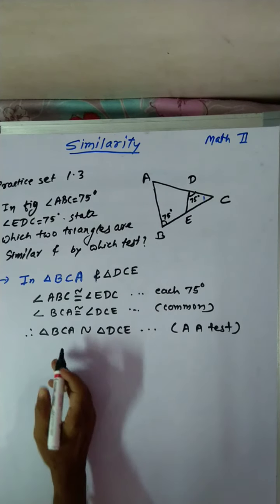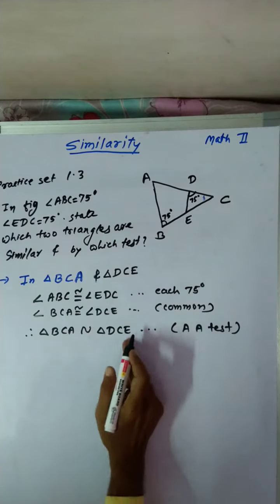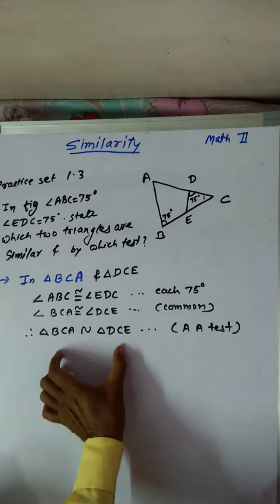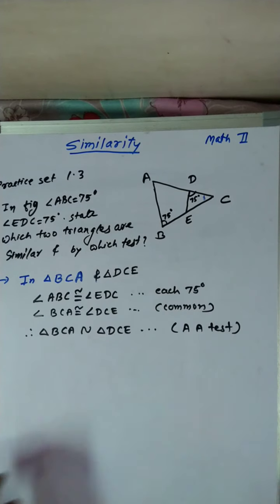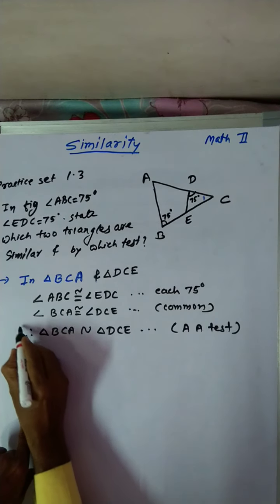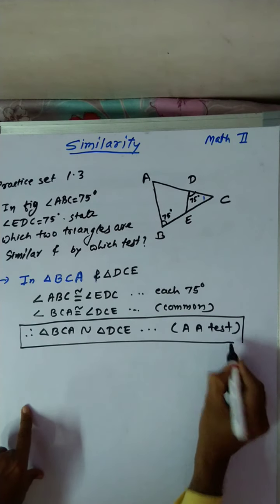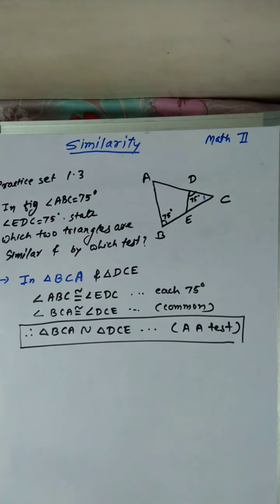And the remaining angles, angle A and angle E, are congruent by corresponding angles of similar triangles. They have not asked that, only asked which two triangles are similar and by which test. That means these two triangles are similar and the test is AA test. This is our final answer.